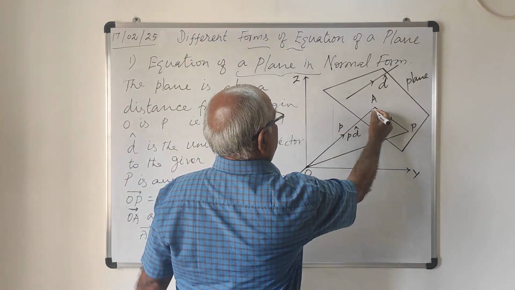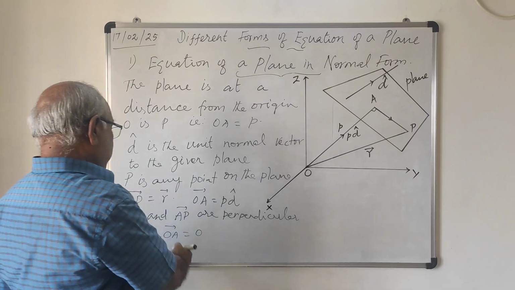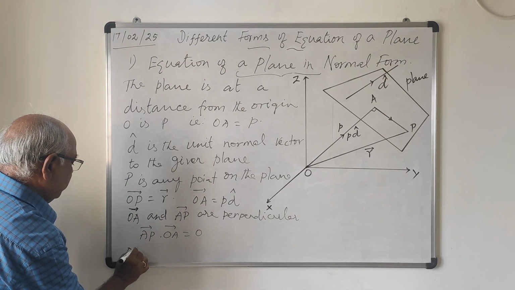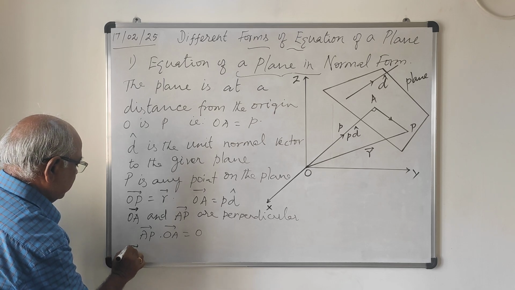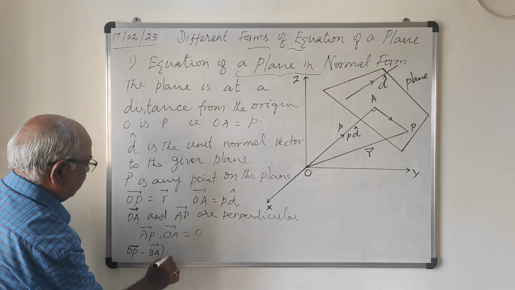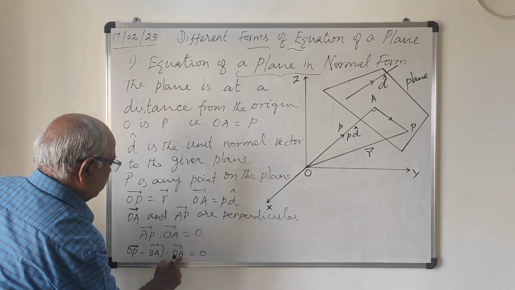OA and AP are perpendicular, therefore OA dot AP equals 0. What is AP? By definition, AP vector is OP minus OA, dot OA, equal to 0.